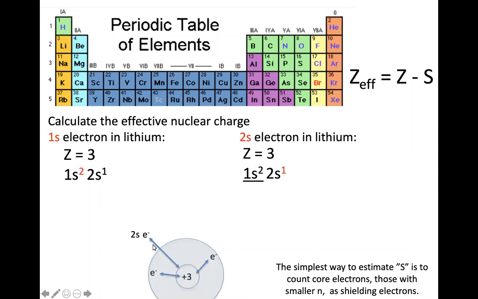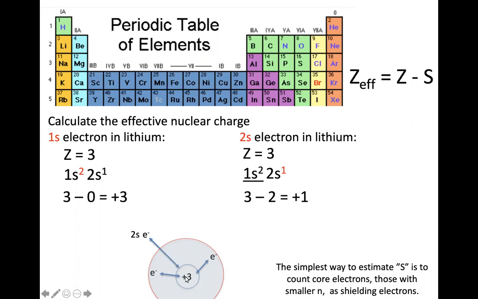That's what I'm trying to show in this pictorial picture. From the perspective of that 2s electron, there are 2 inner electrons shielding somewhat the positive charge. So in a sense, those are counteracting some aspect of the positive charge.